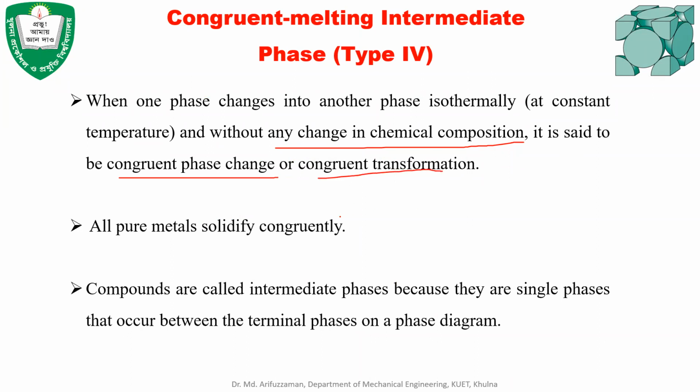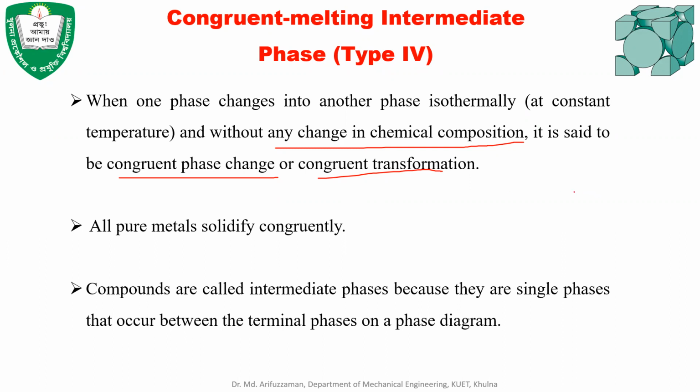That means when the phase change occurs from one phase to another, for example from liquid to solid, it happens without a change in chemical composition, similar to the eutectic point, the eutectic mixture.